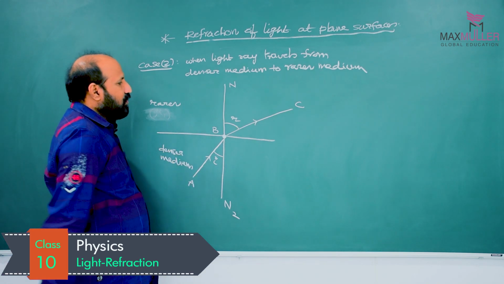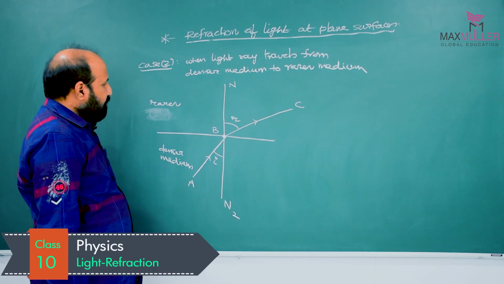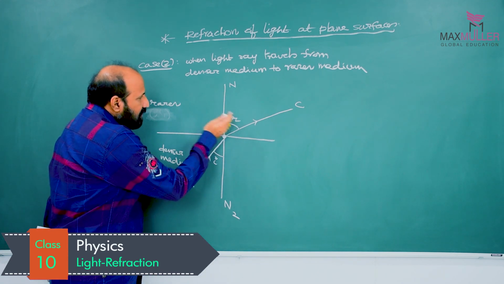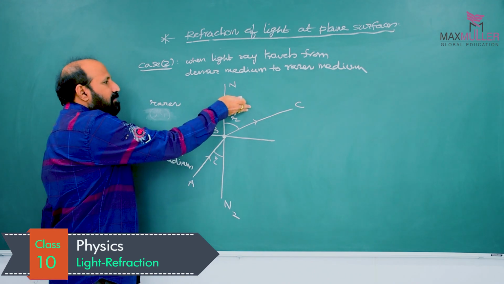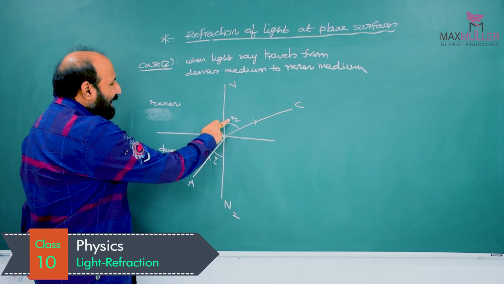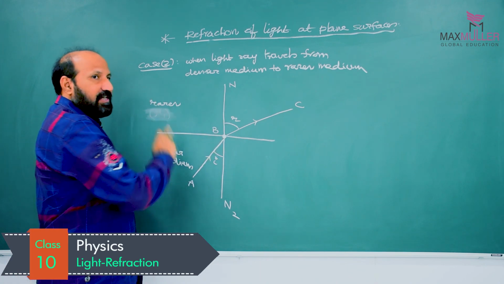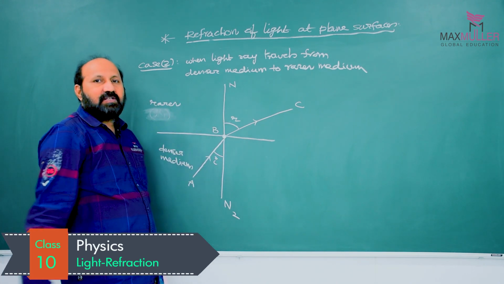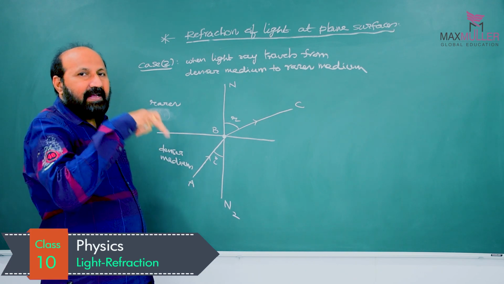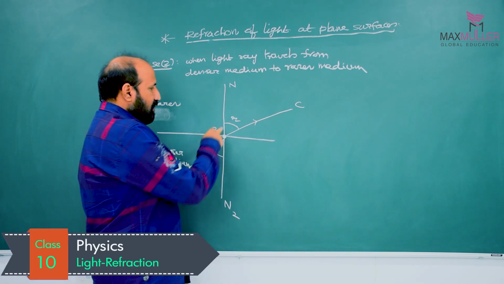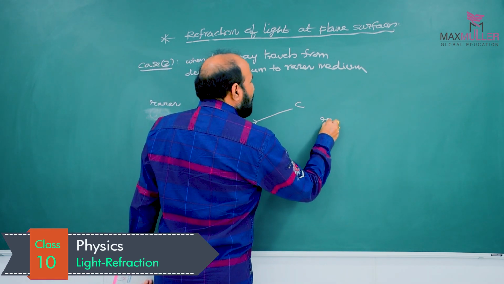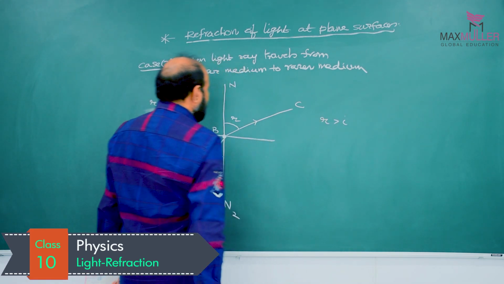In this case, you can observe that instead of bending towards the normal, it bends away from the normal when it enters from denser medium to rarer medium. Therefore, angle of refraction is greater than angle of incidence. In the previous case, what you have seen is angle of incidence is greater than angle of refraction. Now, in this case, R is greater than I.